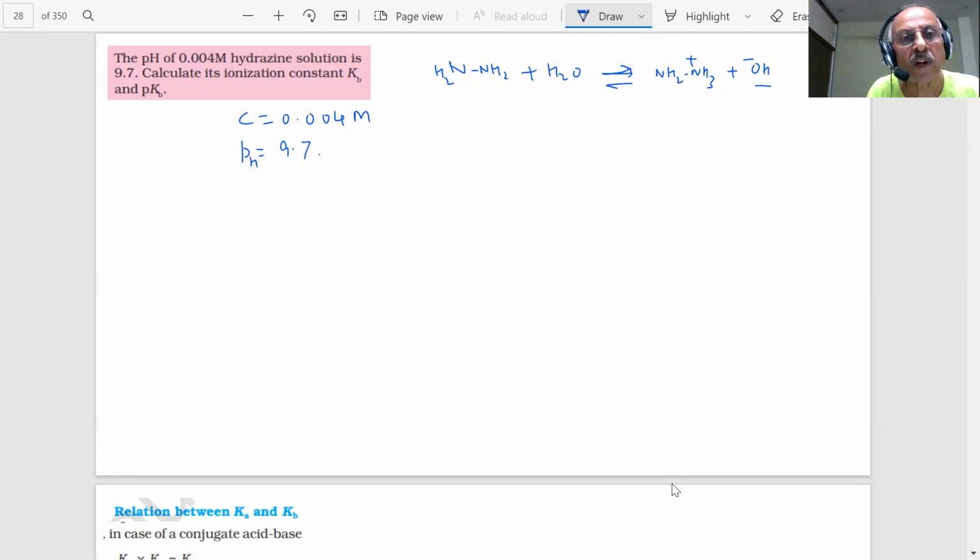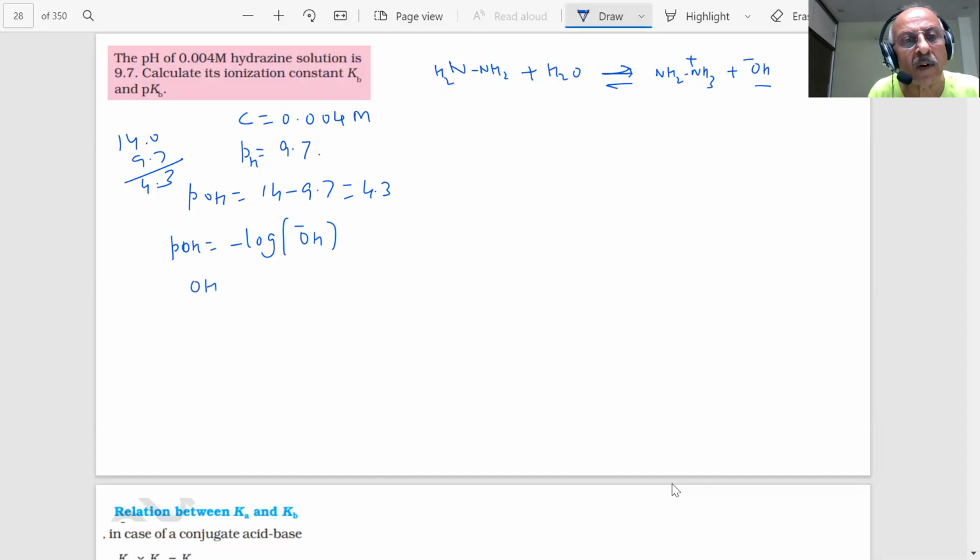If pH is 9.7, what will be pOH? 14 minus 9.7. How much is it coming? 4.3. Then pOH is equal to minus log of OH minus.